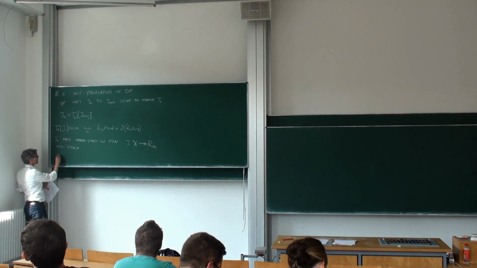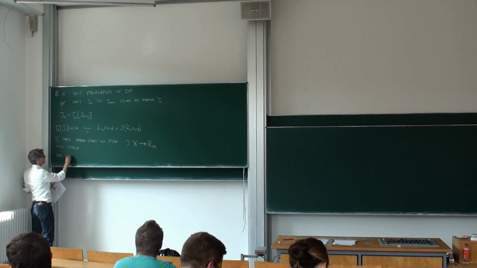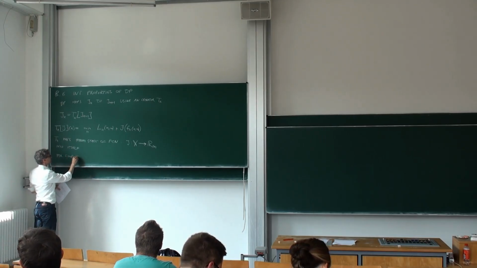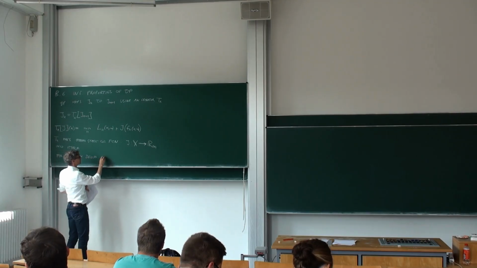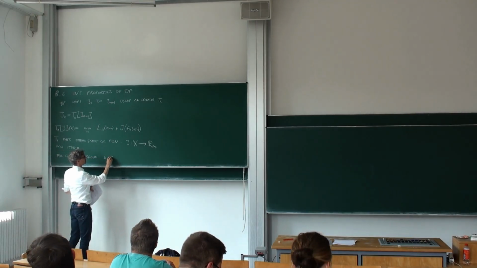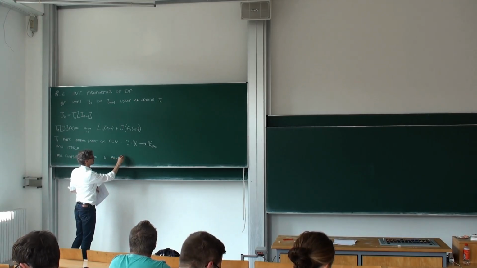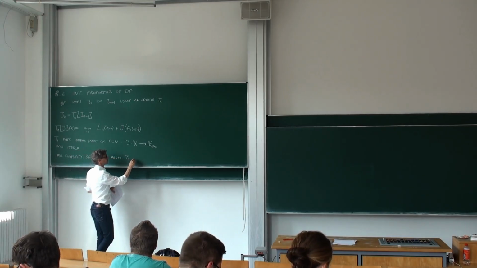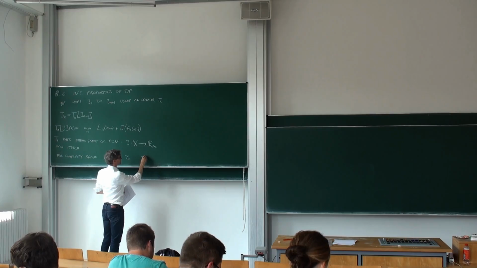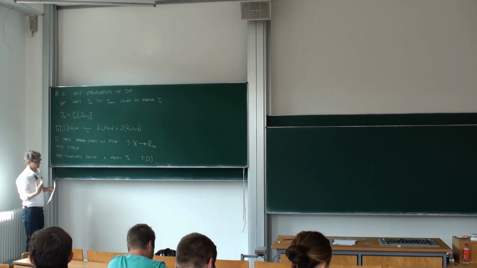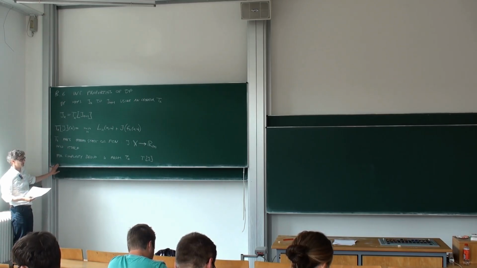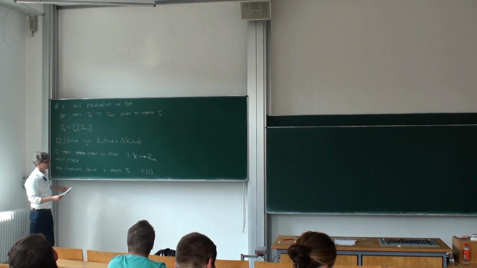But for simplicity I will drop this index k from T_k. So I will just write now T of J. And for the case where we have stationary problems, of course, this will be already everything.